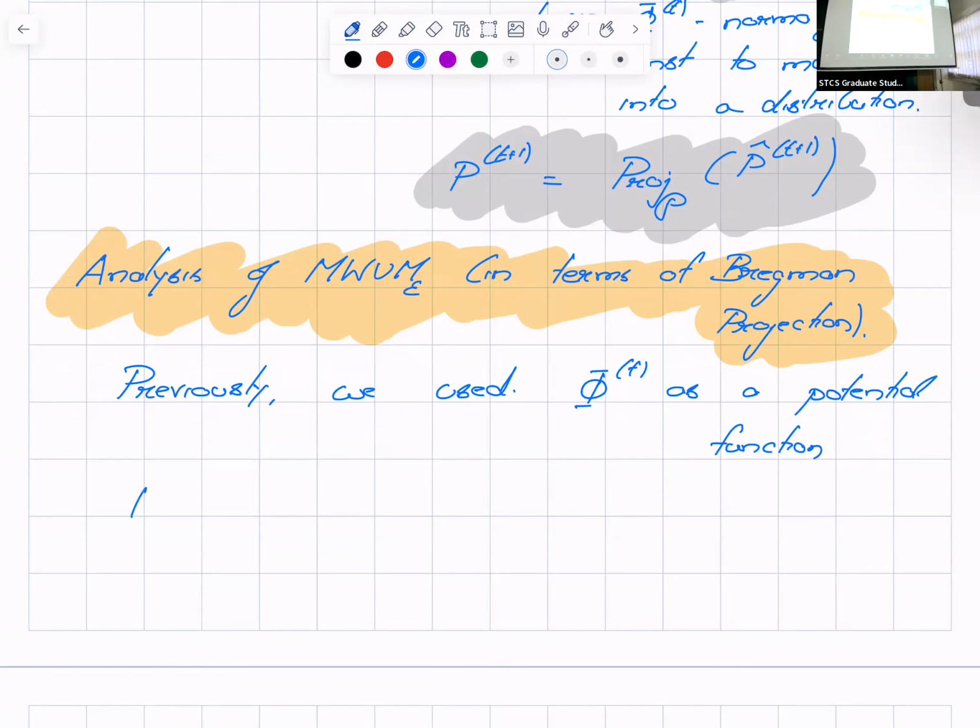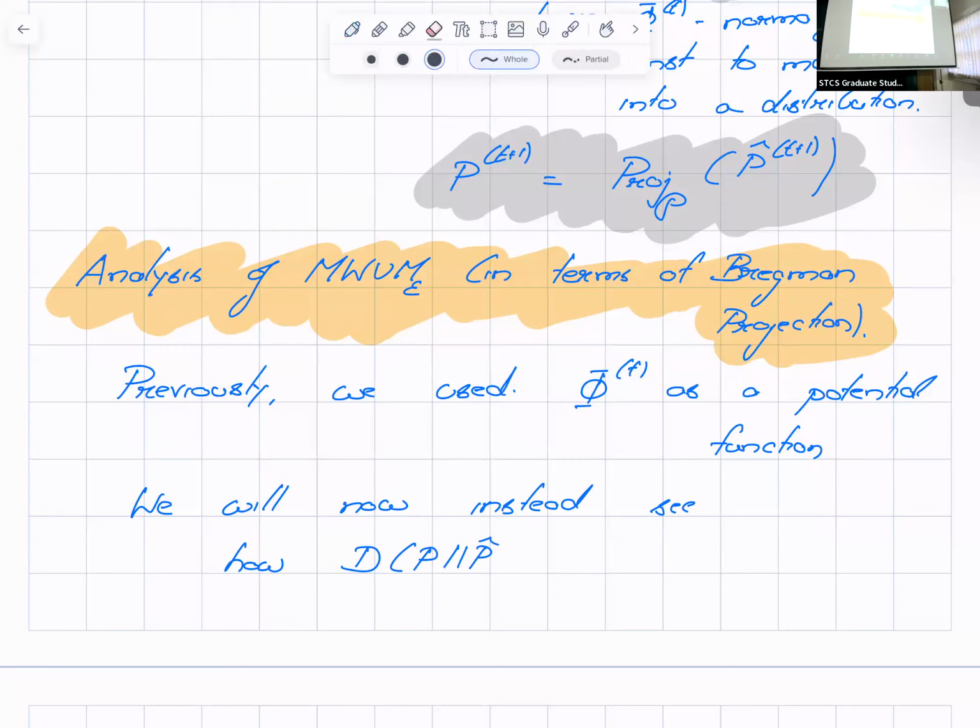Now what we'll do is we will see how D of P restricted to PT varies as the algorithm proceeds.